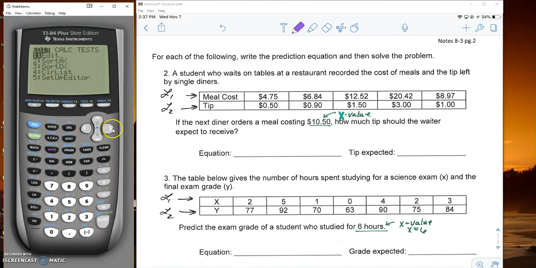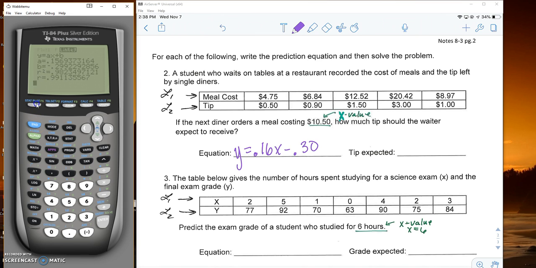So I'm going to go Stat Calc 4 like we've been doing. Remember to store your equation. You click Variables, scroll, Enter, Enter to make your equation show up in Y1. And so I have my really ugly equation of 0.16x minus 0.30, because we are talking money.